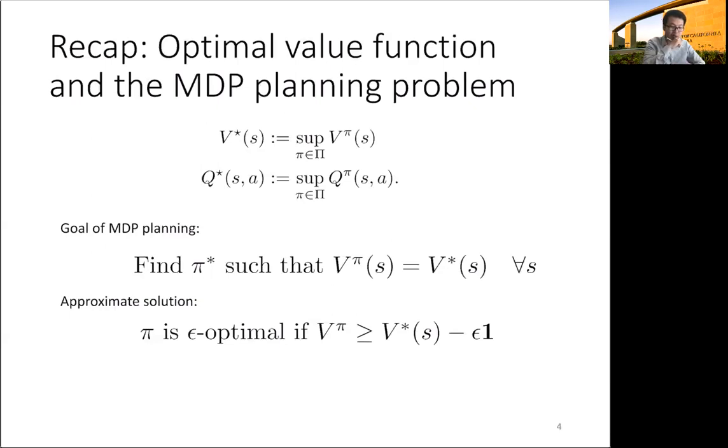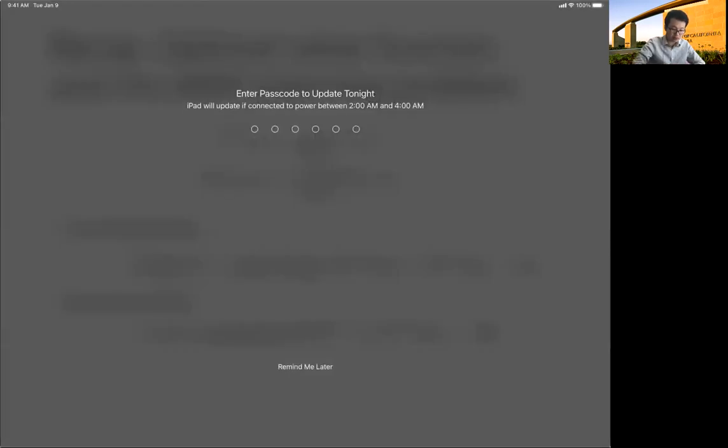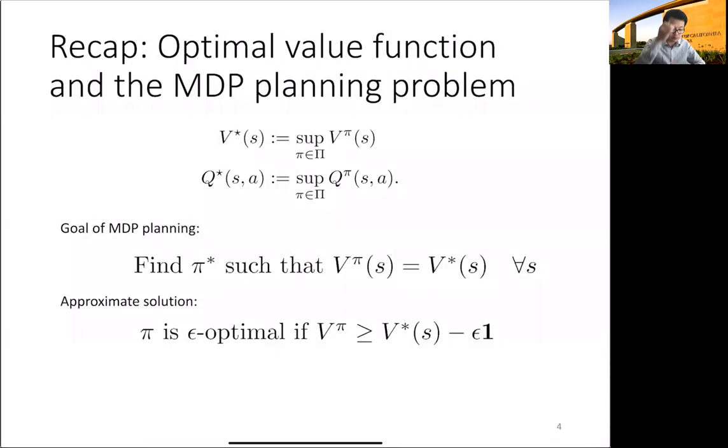It is unclear a priori why this optimization problem necessarily has a solution that applies to all coordinates s simultaneously with the same policy. It's not clear from here, but we proved last time that there actually exists a stationary policy that simultaneously maximizes v star for all s. So this goal is well defined.